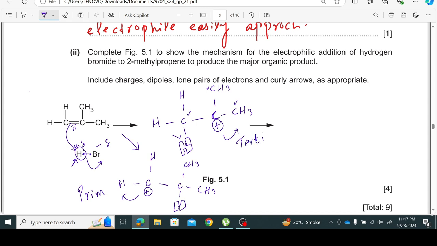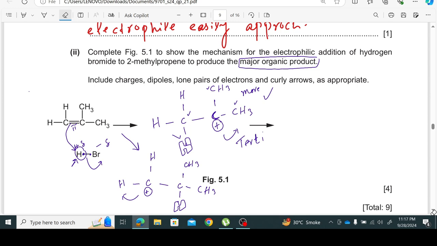He is actually asking for the major organic product. The tertiary carbocation is more stable, so this product is the major product. You will write this mechanism. Let me remove this, it is our minor product. So you will get this tertiary carbocation, our major product. Understand? So you will draw this.